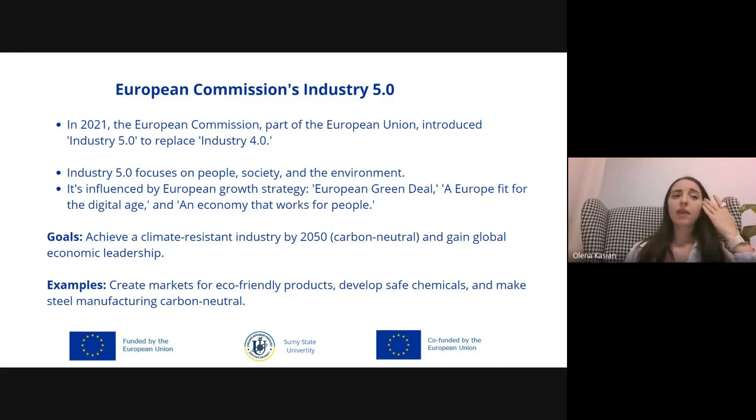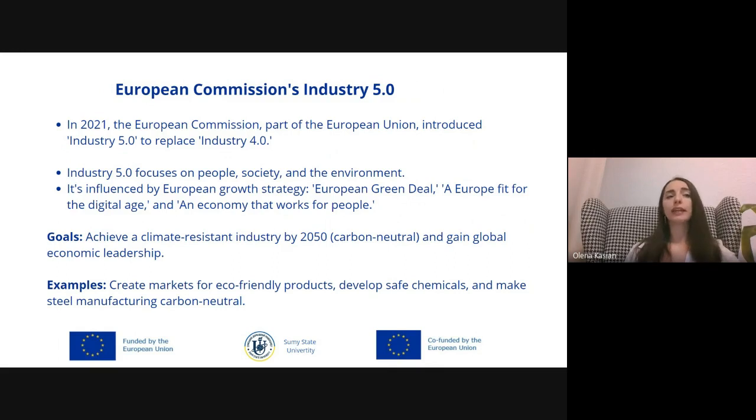It is a concept that complements and extends the perspectives of people, society, and environment, strongly influenced by the priority themes of the European growth strategy that was announced in 2019 and consists of European Green Deal policies: a Europe fit for the digital age and an economy that works for people.